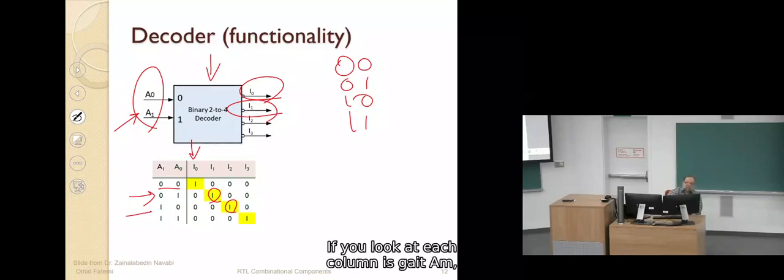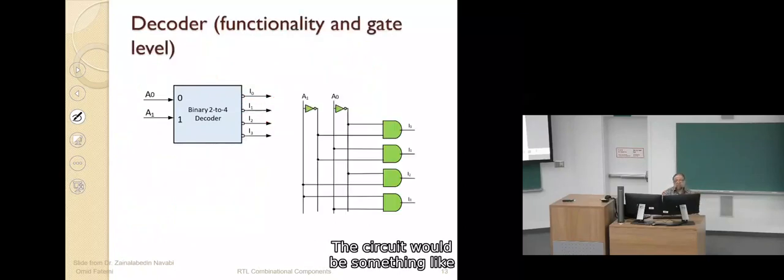And it is very simple. If you look at each column, it is just an AND gate, a minterm that we could use to build that circuit. So there are 4 outputs. Each output uses one AND with the minterms corresponding to A0 or A0 not, and A1 or A1 not.